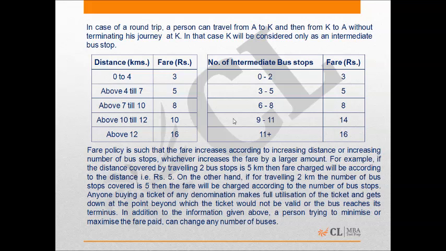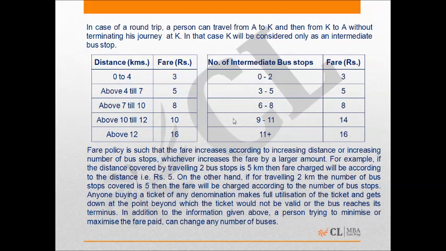On the other hand, if for traveling 2 km the number of bus stops covered is 5, then the fare will be charged according to the number of bus stops. By having a look at the two given tables, we can say that for traveling a distance of 2 km, if it includes 5 intermediate bus stops, the fare based on the number of intermediate bus stops would be rupees 5, and that based on the distance would be rupees 3.